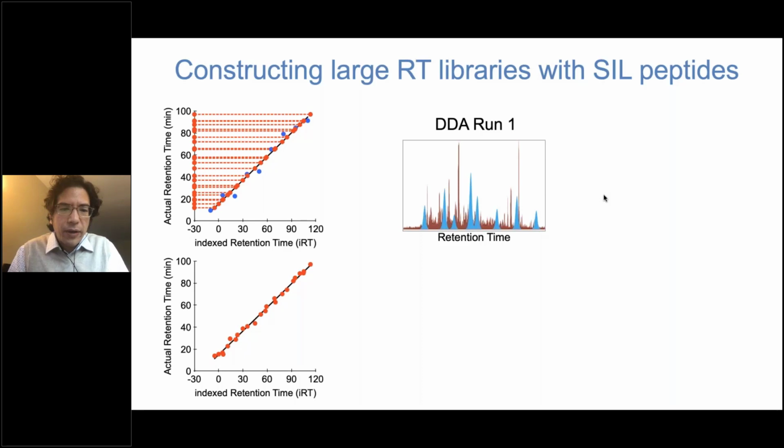And so this is a strategy that I was working on with Mac, and we did some of that work that he showed for doing DIA analysis using a DDA library where everything was put onto the same sort of index retention time using an arbitrary retention time rather than a true iRT standard.